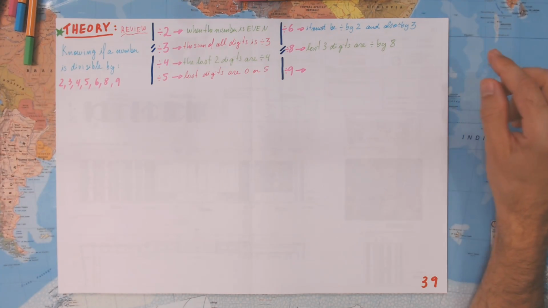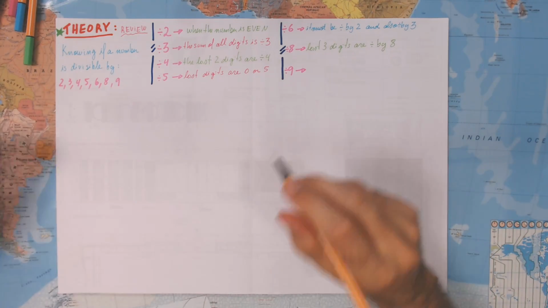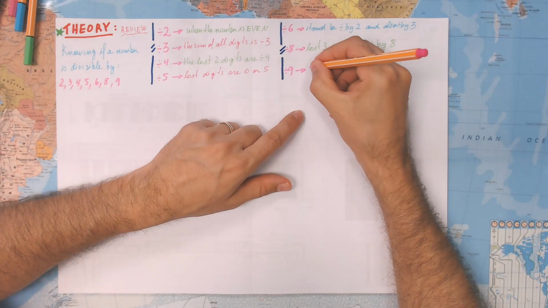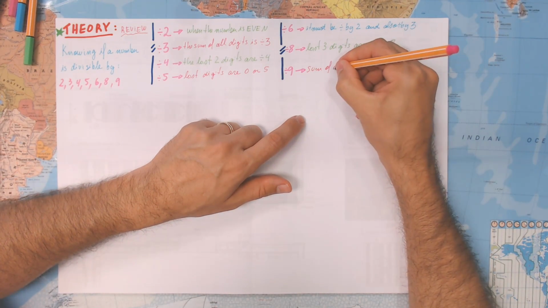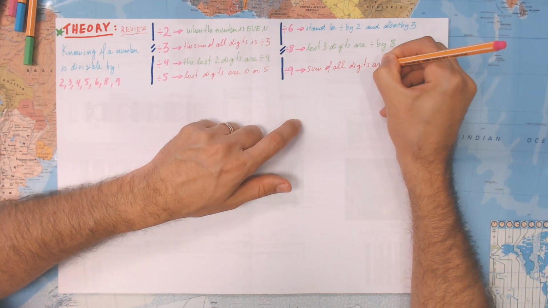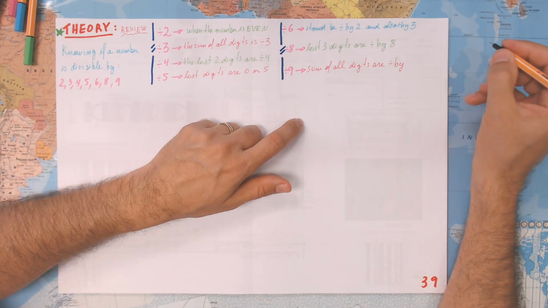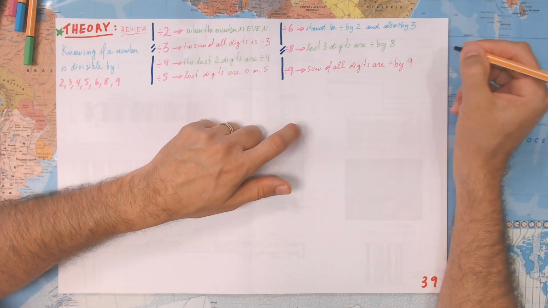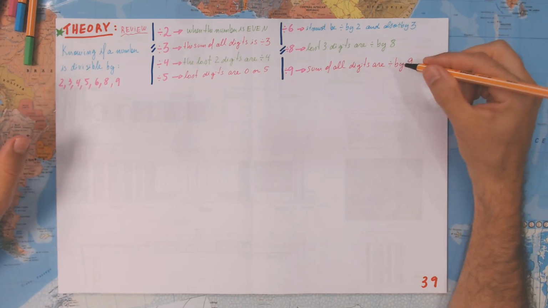And to be divisible by 9, yeah, this one is interesting. To be divisible by 9, it means that the sum of all digits is divisible by, what do you think? By 9. So 18 is divisible by 9 because if we sum 1 and 8, it is 9.